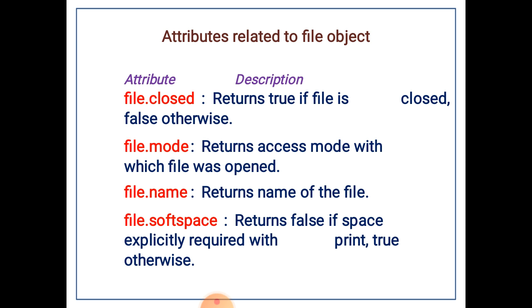As you see on the screen, the red lettered words are the attributes of the file object and the blue lettered words are the description of that attribute.